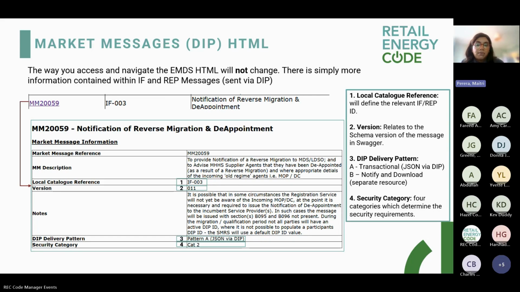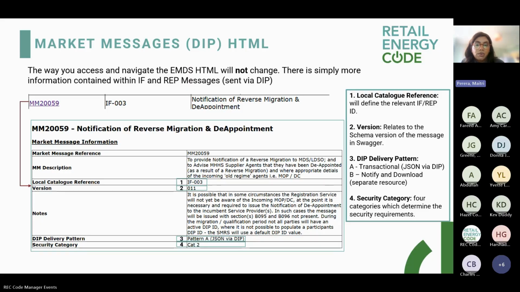Third, we've got the DIP delivery pattern, which specifies whether the message is transactional via DIP or uses notify and download as a separate resource. And finally, the security category, which determines the security requirements across 4 categories.